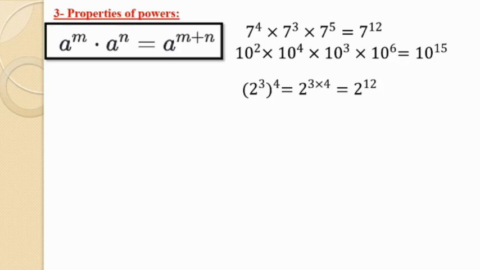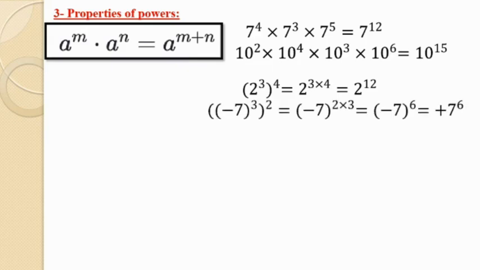Or there is another, easier way. As soon as I see the bracket, I have to multiply the exponents by each other. The exponents here are 3 and 4. 3 times 4 which is 12. So the answer will be 2 to the power 12.